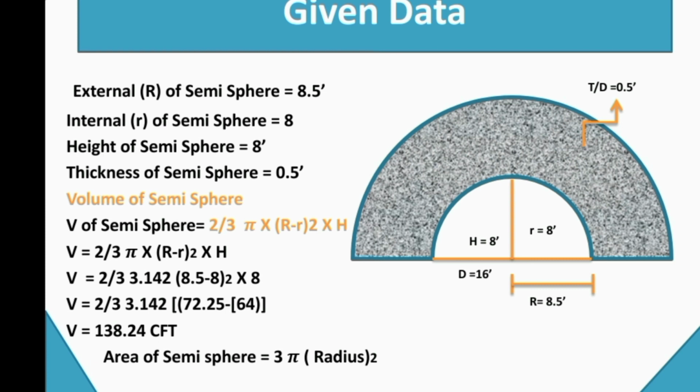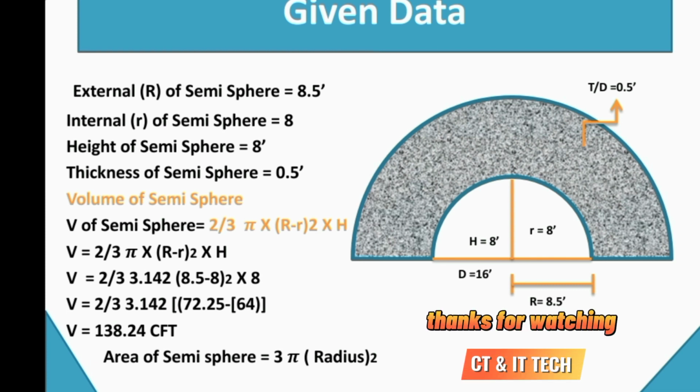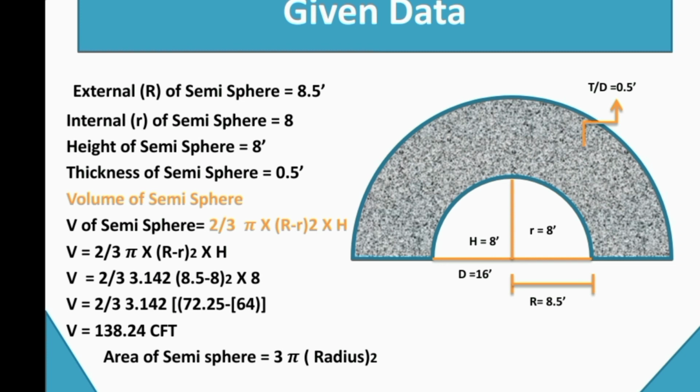Okay, now we can put in the values in that formula: 2/3 multiplied by the pi value as a standard value, 3.142, multiplied by the capital R, which you can see is 8.5 feet, and the radius of the room is 8 feet, squared, and multiplied by the height, which is equal to 8 feet.